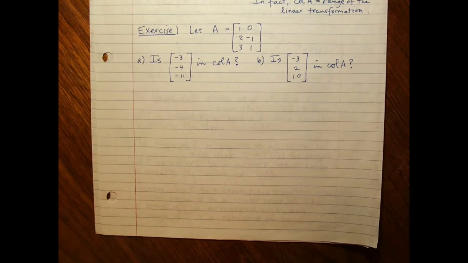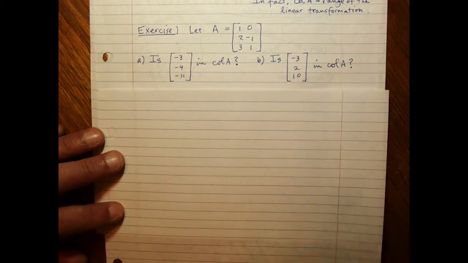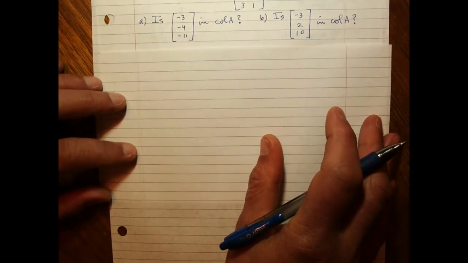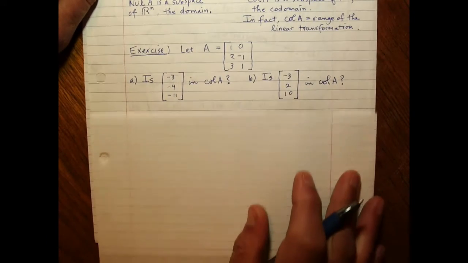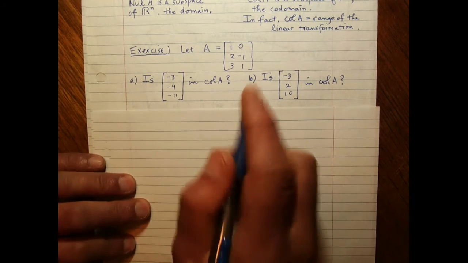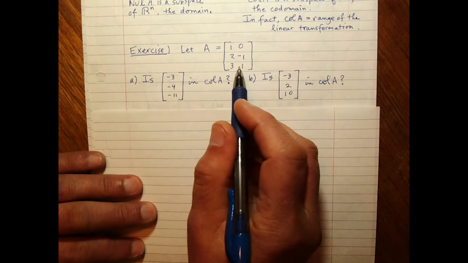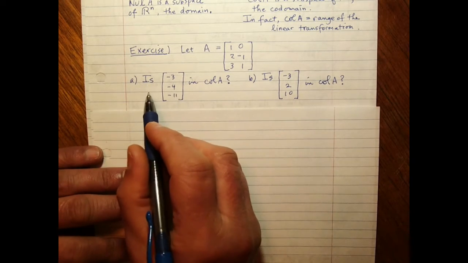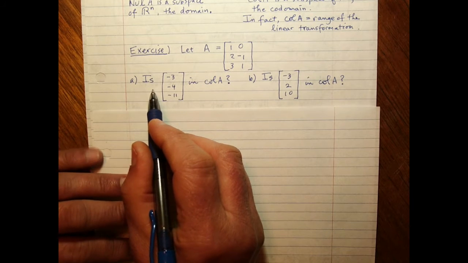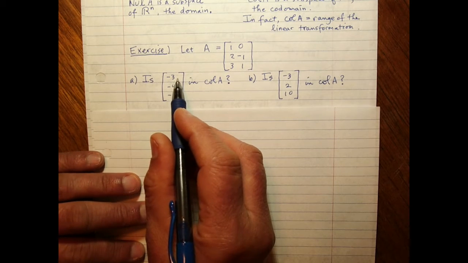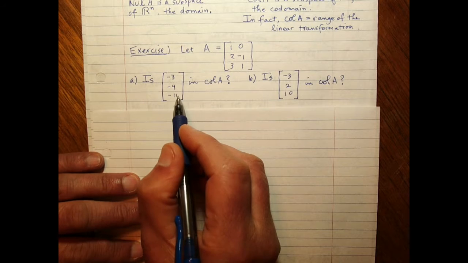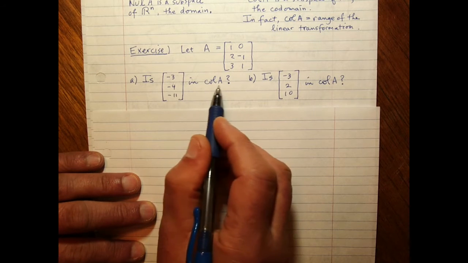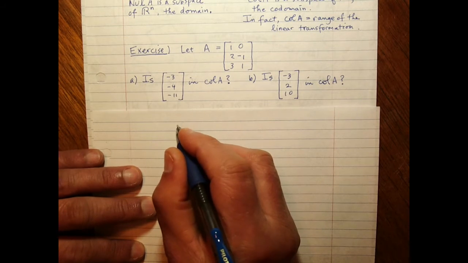Now, let's do a little problem here. A is a given 3 by 2 matrix, and the question is: is this vector (-3, -4, -11) in the column space of A?